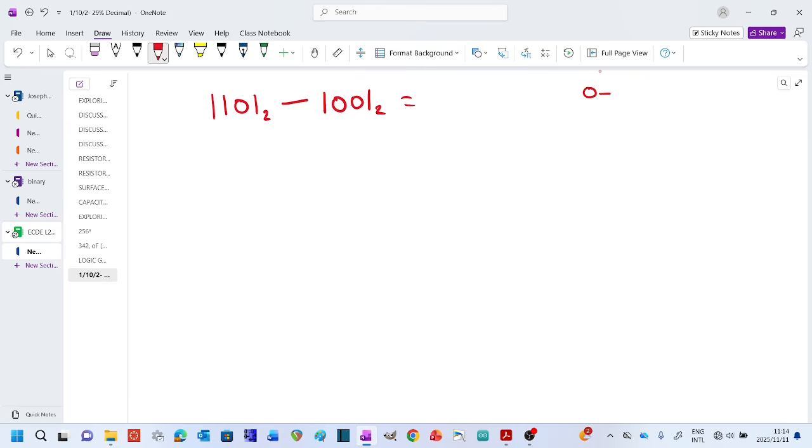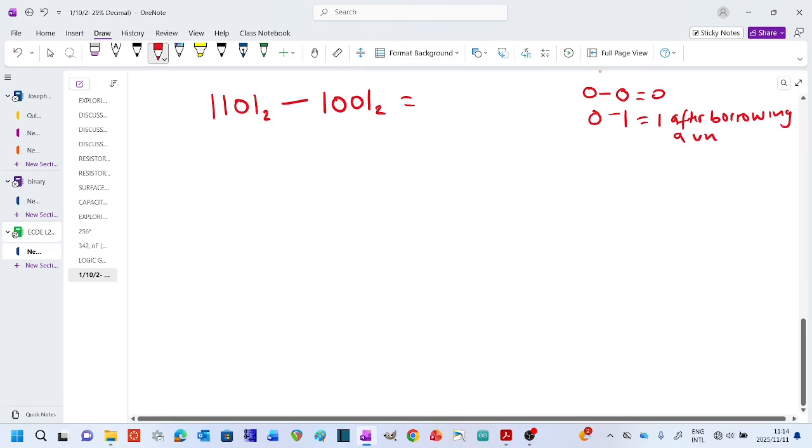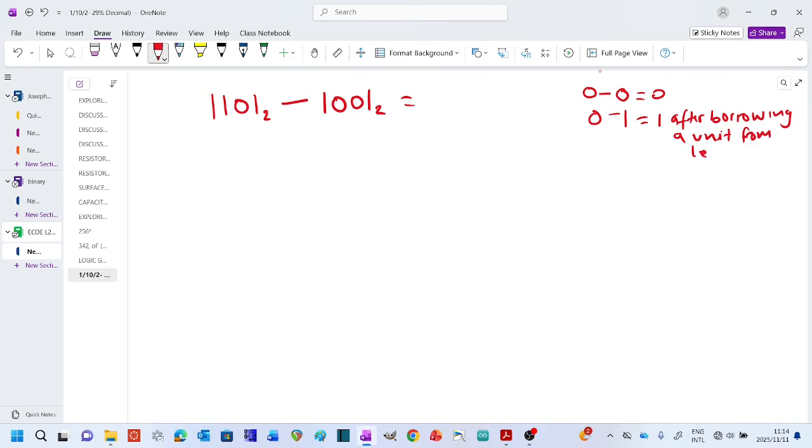We're going to list the rule again. 0 minus 0 is 0. 0 minus 1 is where we have to borrow, so we write a 1 there after borrowing a unit from the left.